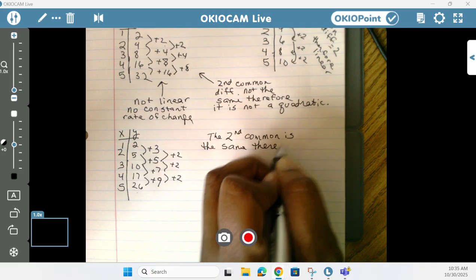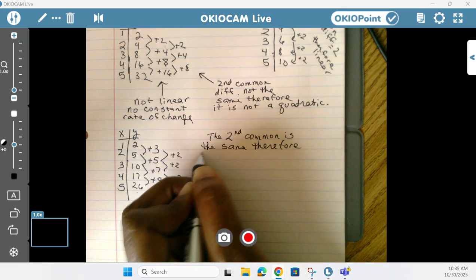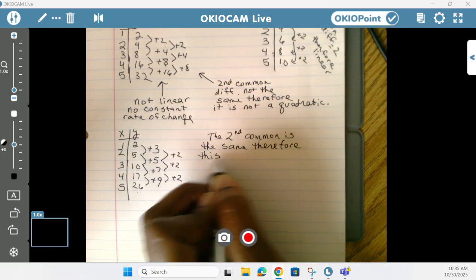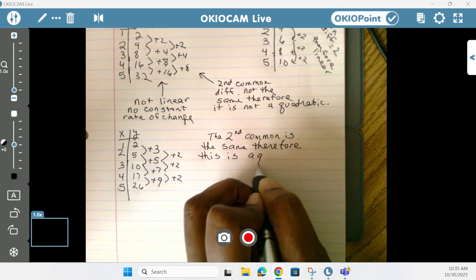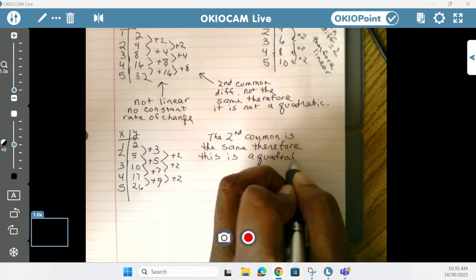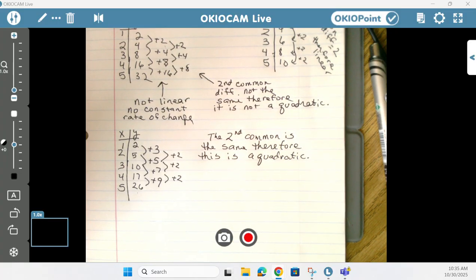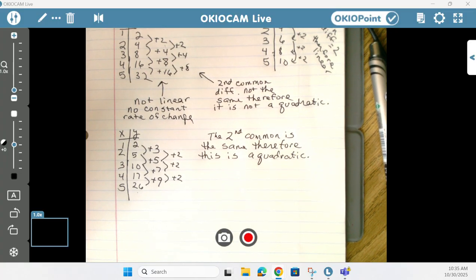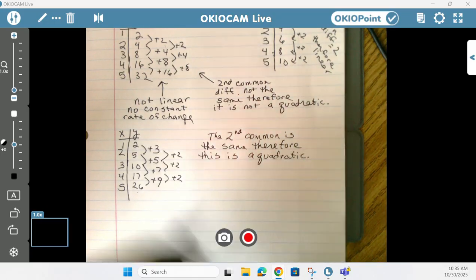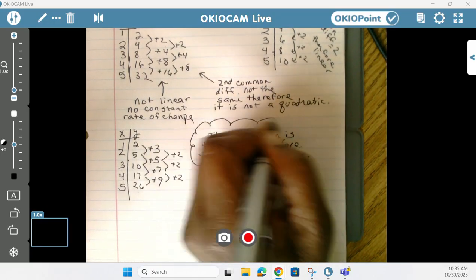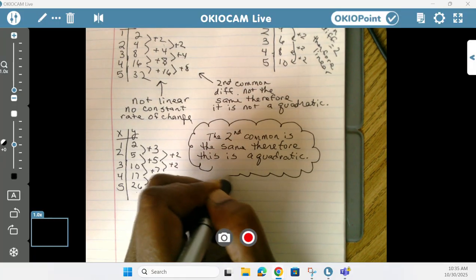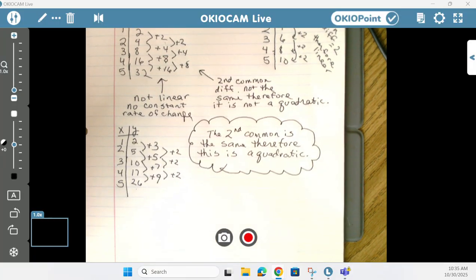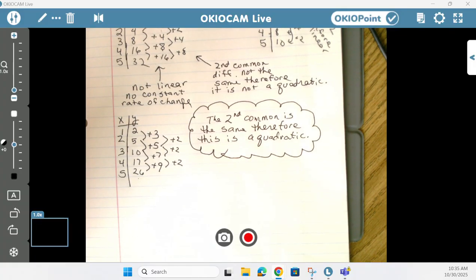Therefore, this is a quadratic. Now, this is important. It's so important I'll put it on an anchor chart at some point. If the second common difference is the same, it is a quadratic.